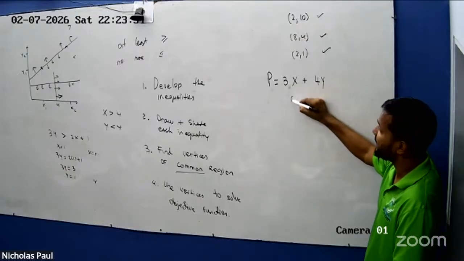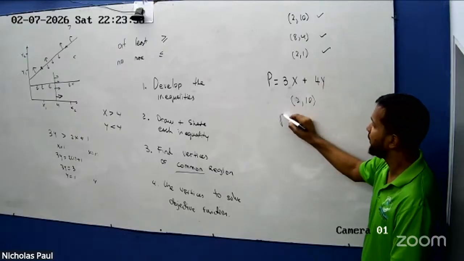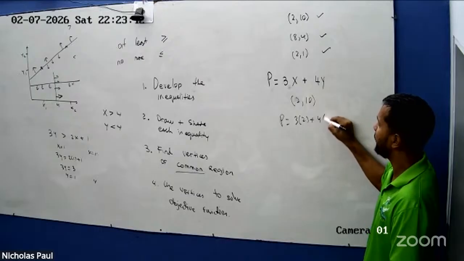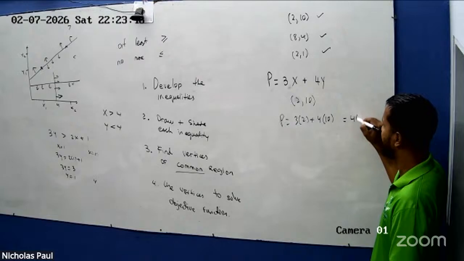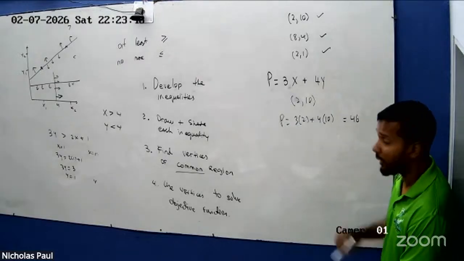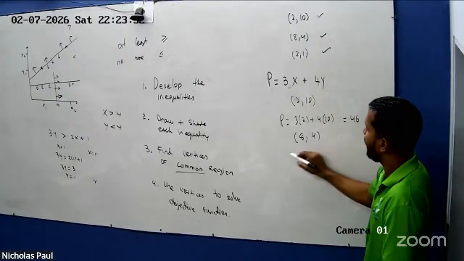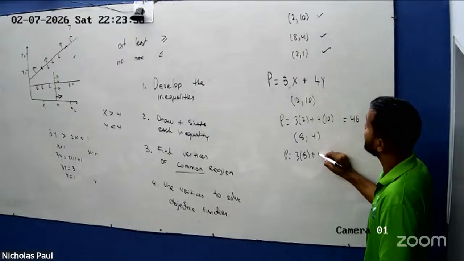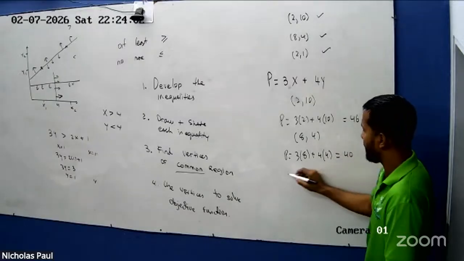So you're going to take 2 and 10 and put it in here: 3 by 2, 4 by 10. 40 and 6 is 46. And you're going to do it again. 8 and 4, so that'll be 3 by 8 plus 4 by 4. That is 24 and that's 16, which is 40.